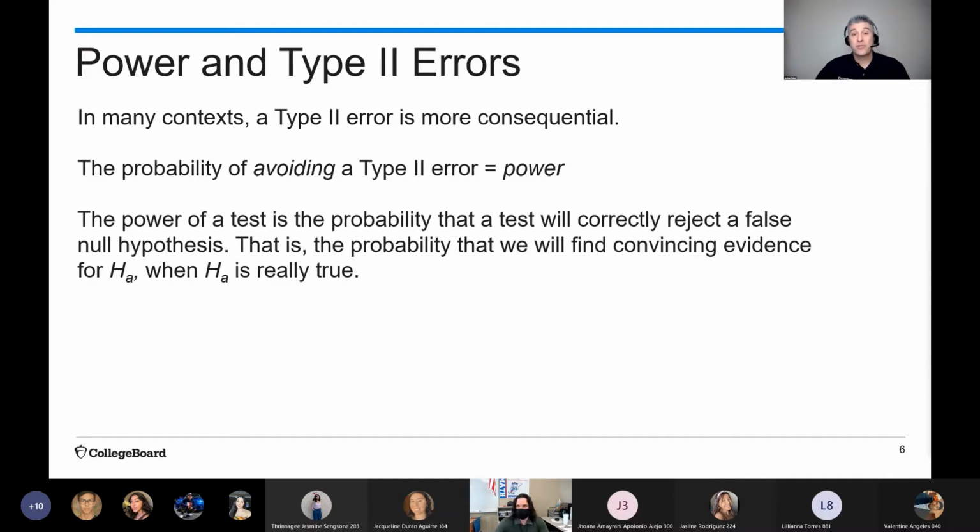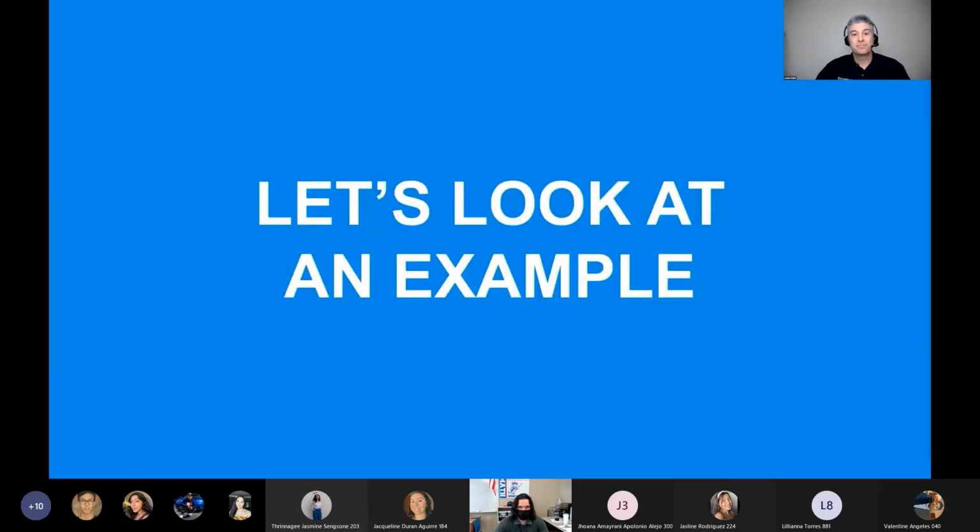So the null hypothesis is false, and our data suggests that it's false, gives us convincing evidence that it's false. So power is the probability that we find convincing evidence for the alternative when the alternative really is true. That means the probability of a type 2 error is 1 minus the power. Remember, if power is the probability we avoid a type 2 error, then 1 minus the power is the probability of a type 2 error.